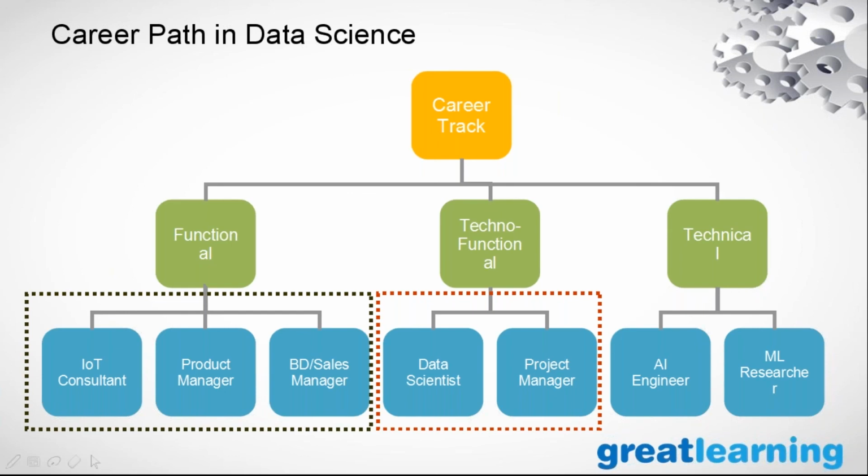The first is completely functional, where you definitely require knowledge of analytics or whatever recent happenings are behind the field. The second is techno functional, where you would deal with, I would say, 70 to 75% technical and 30% functional work. And the last one is a completely technical role.